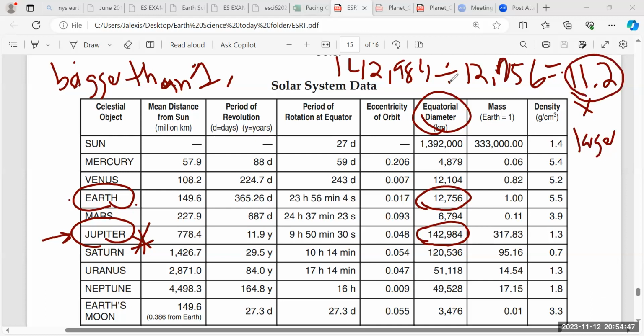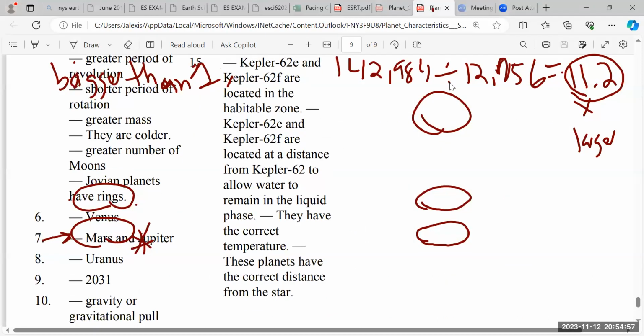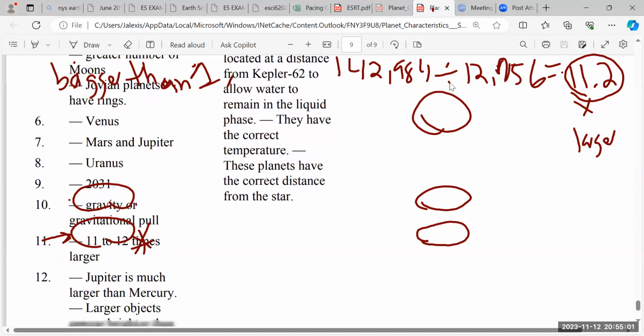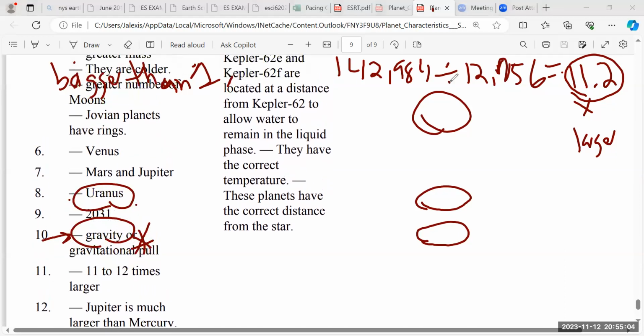If you look on the answer sheet for number 11, it says if you got an answer of 11 to 12 times larger, then that is fine. So if you said 11.2, if you got an answer between 11 and 12 times larger, you are correct.